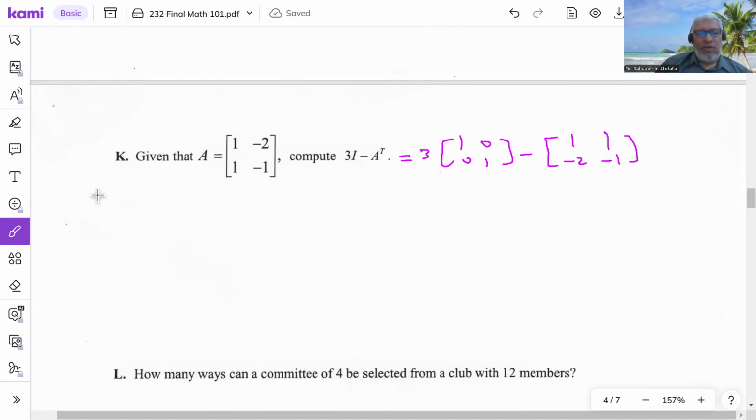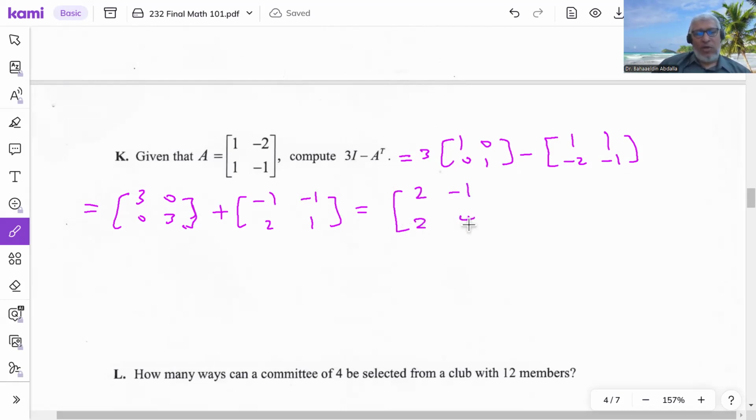So multiply the first matrix by 3, so I'll have 3, 0, 0, 3 minus, I can say plus, and multiply this minus by the matrix, -1, -1, 2, 1. And now I just add the two matrices, 3 minus 1, 2, 0 plus minus 1, 0 plus 2, 3 plus 1, and this would be the answer.